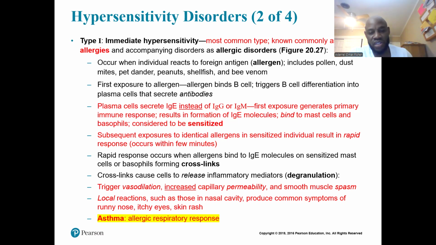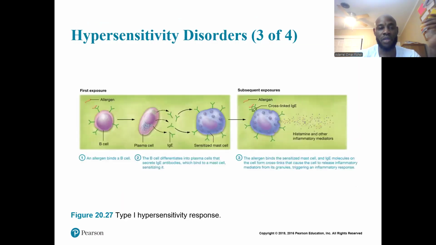triggering vasodilation, increased capillary permeability, and smooth muscle spasms. Asthma is an allergic respiratory response. It's hypersensitivity: something that's not that bad for you, but your body responds like it's terrible.